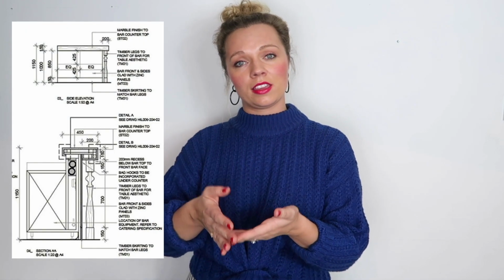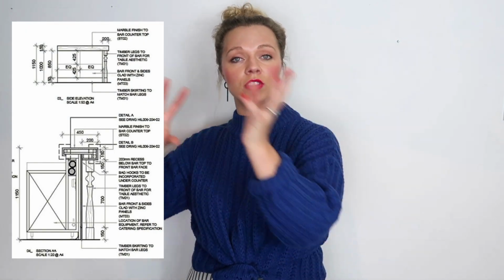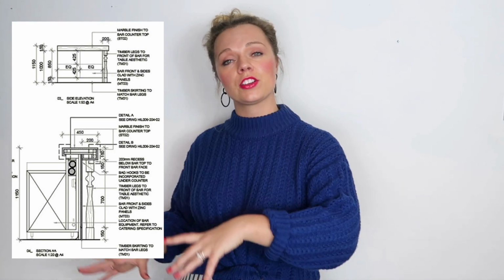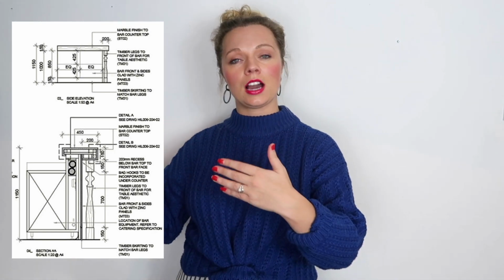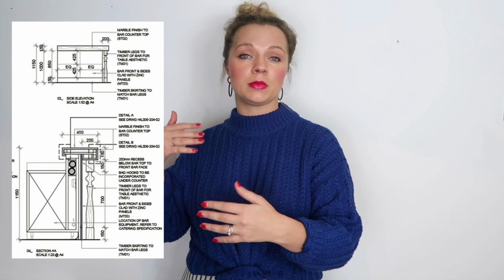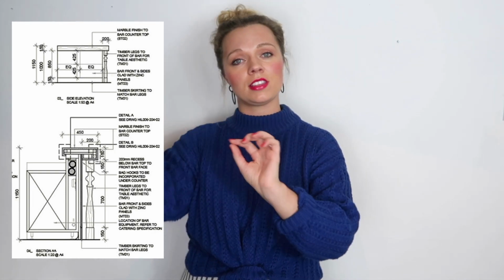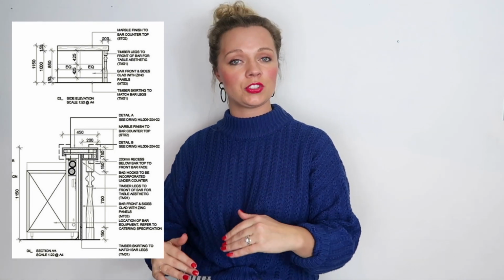So when I give the designs further down to my contractors, to my manufacturers, they can actually see how I want it built and what sort of materials I want to use, because everything's referenced, everything has got dimensions next to it. Other sections could be bespoke joinery, if you are doing any kinds of bespoke shelving, back bar, feature back bars, and you need to cut through them to see what's on the inside.